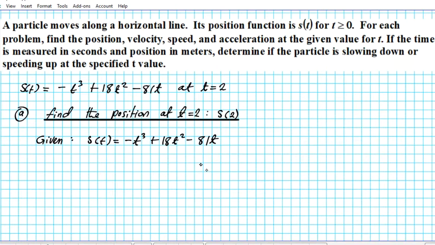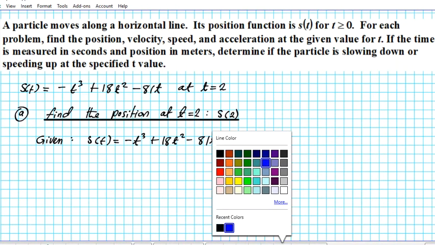So what do we do with this function? Do we have to evaluate, integrate, or differentiate? That's the question. So given s of t, we want to find the position at t equals 2. Are we going to evaluate, integrate, or differentiate? Since we already have the function that we need, all we're going to do is simply evaluate.